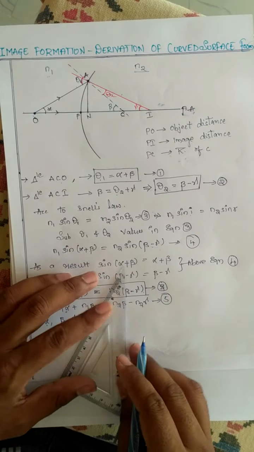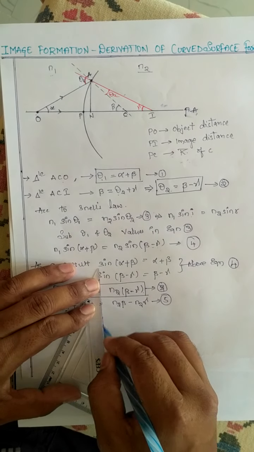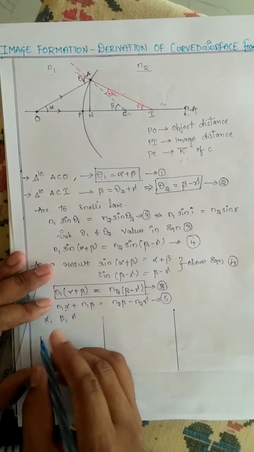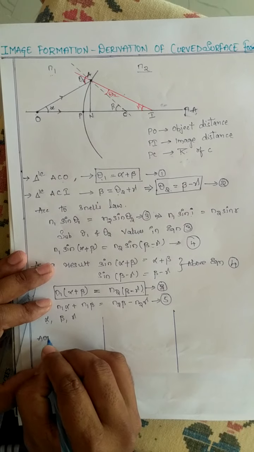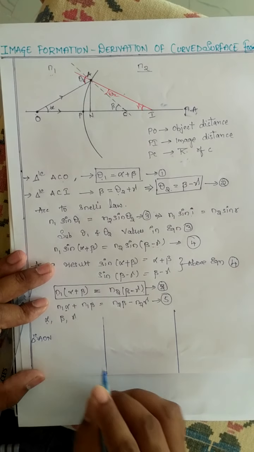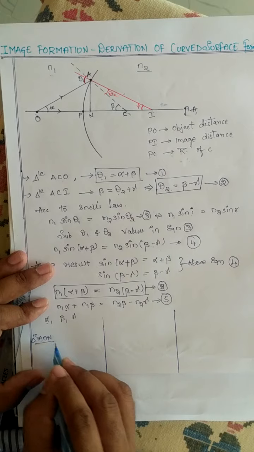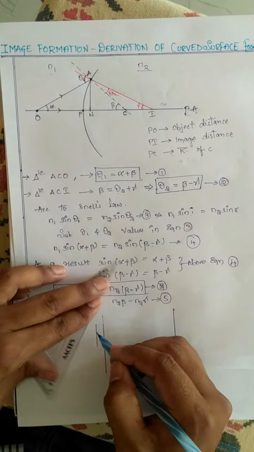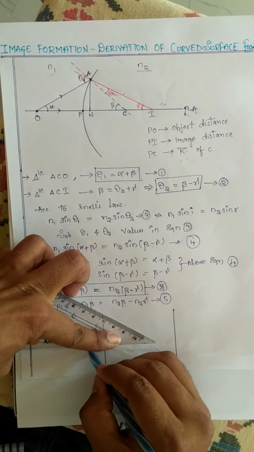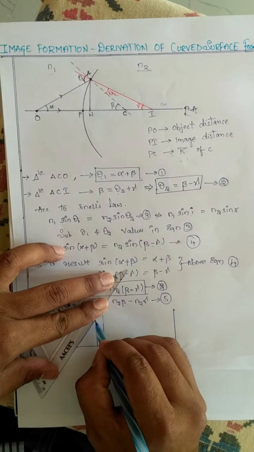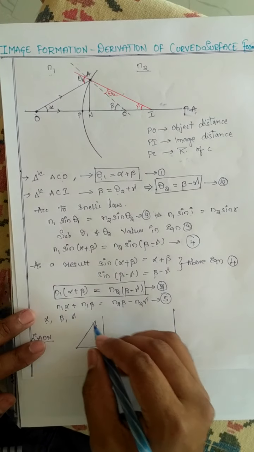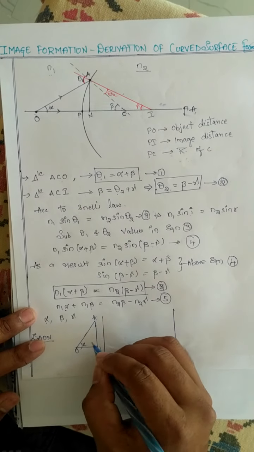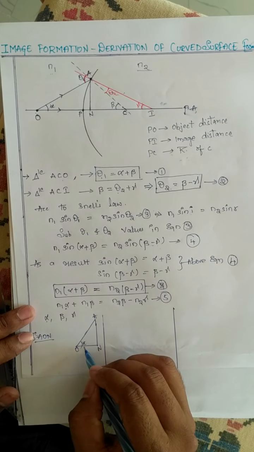For finding alpha, consider the triangle AON. Have a small rough diagram here: this is A, this is N, this is O, and this is alpha. So how can you get the angle alpha?